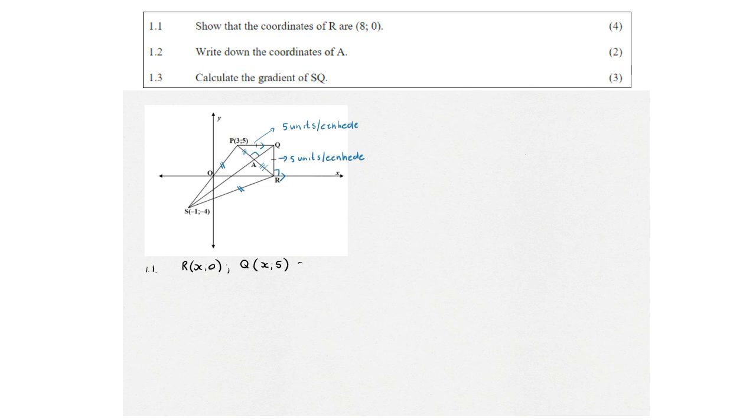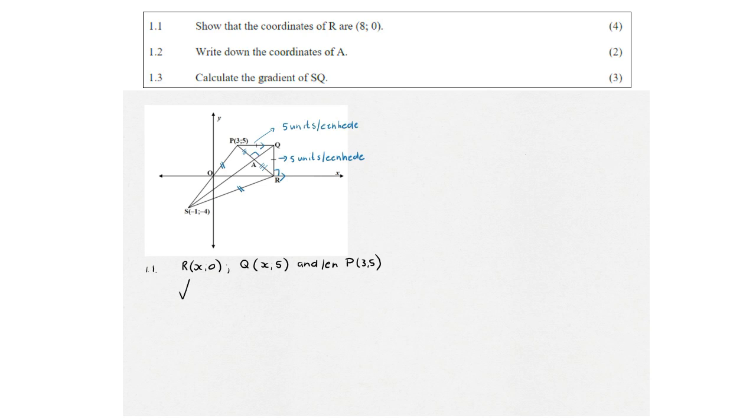So the coordinates of R will then be x and 0 because R lies on the x-axis, and the coordinates of Q are x and 5. And the reason for that is that QR is 5 units, so the y-coordinate of Q will then be 5.